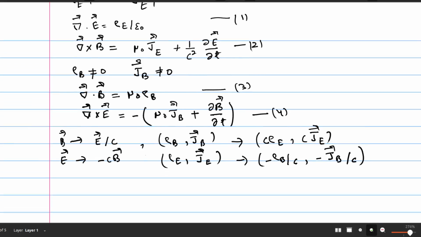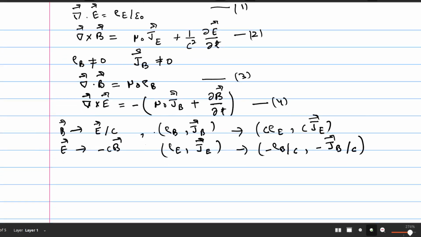So under these replacements, if we take any of these four Maxwell's equations and carry out these replacements, then we again get back Maxwell's equations.